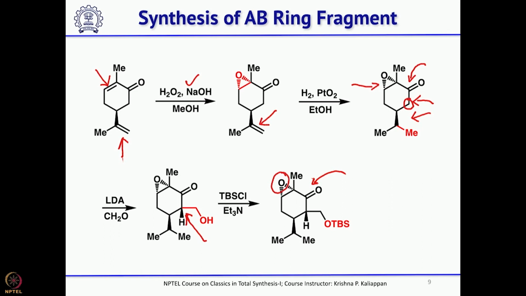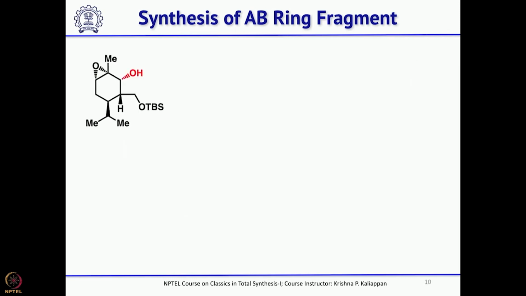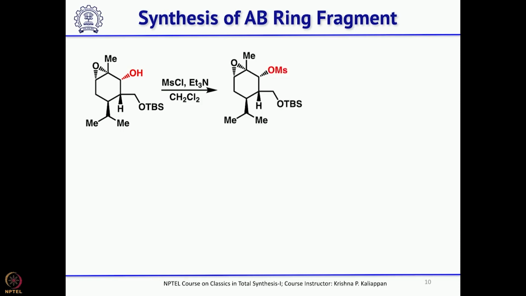Okay. So what he did, he reduced the ketone with L-selectride stereoselectively to get alpha alcohol. Okay. Then this alpha alcohol was converted into a mesylate. Okay. So you got the mesylate.